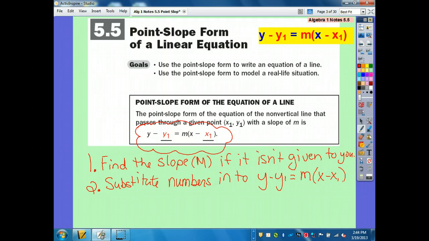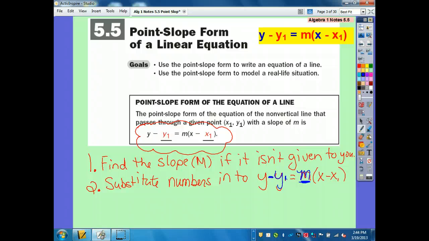The numbers that you will substitute in are obviously the m, okay, either you had to figure it out or it was given to you, so you'll substitute the m in. And then it's minus this y1. So you'll pick an ordered pair. Sometimes you will only have one ordered pair. Sometimes you will have two ordered pairs. And it doesn't matter which one you pick.